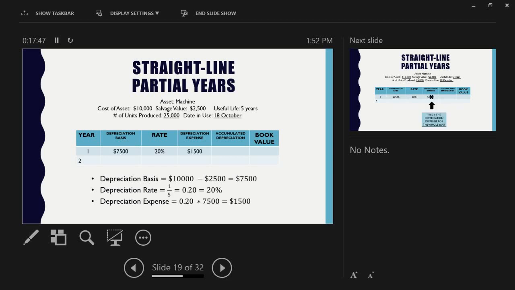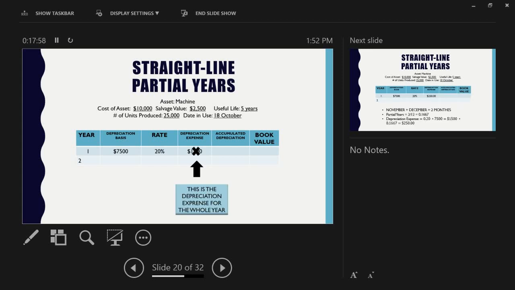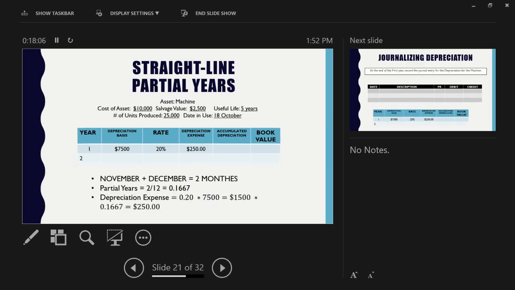Here I recognize that I solved it the way it is, however, the first year is not going to be for the full 1,500. I'm going to recalculate that and divide it by 2 out of 12, which is 1/6. So if I divide it by 6, I get a total of $250 for my first year, and that is correct.